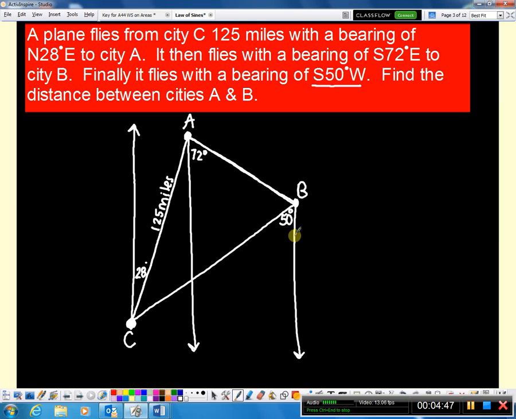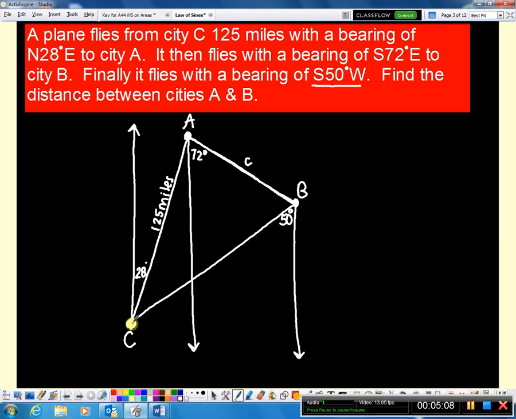I would label my 50 degrees here, to return to city C. The problem is that I've only got one length. So find the distance between cities A and B. What I want is the distance from A to B, and I'm going to call that side little c because it's opposite angle big C in your triangle.